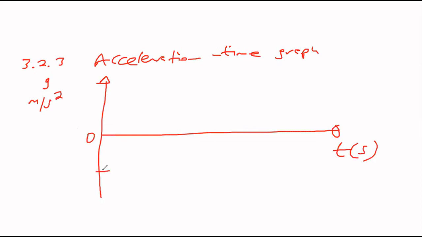So we took down as negative. So this is 9.8. This is how the graph looks. It is 9.8 up until the time of 1.22 seconds. Okay, that is the acceleration time graph. Okay, let's go back to our notes.